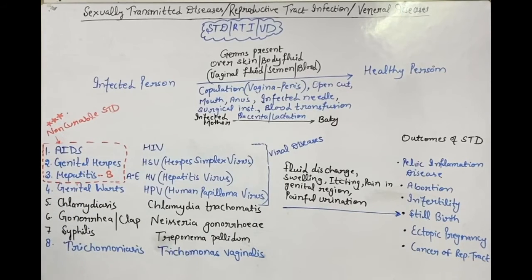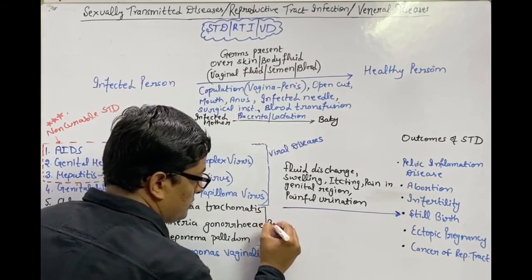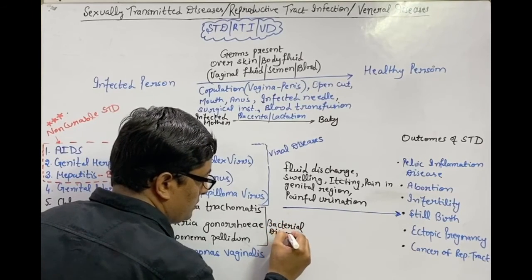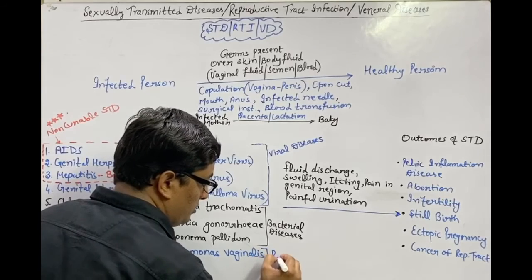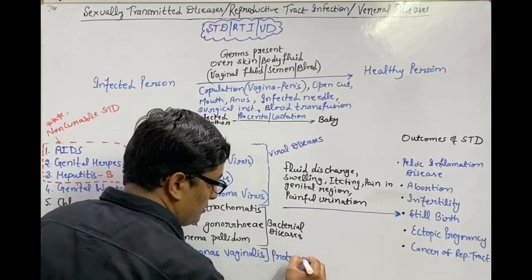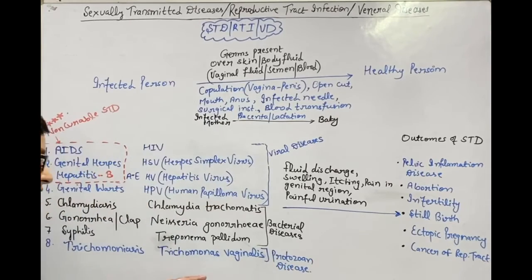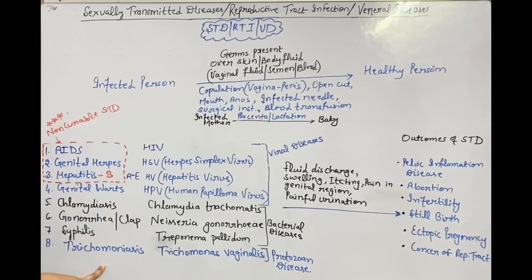Chlamydiasis, gonorrhea, and syphilis are bacterial diseases. Gonorrhea is also called clap. Trichomoniasis is a protozoan disease. In the exam it can be asked which of the following is an example of a viral or bacterial disease.